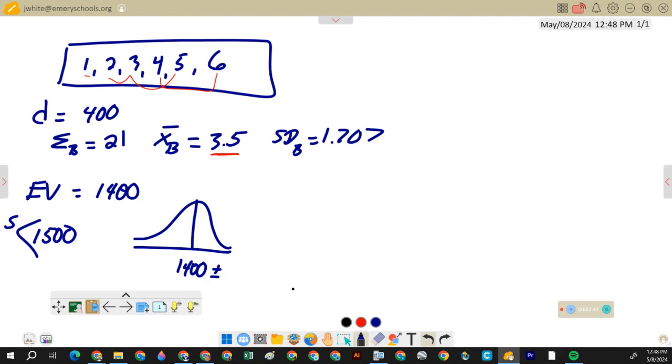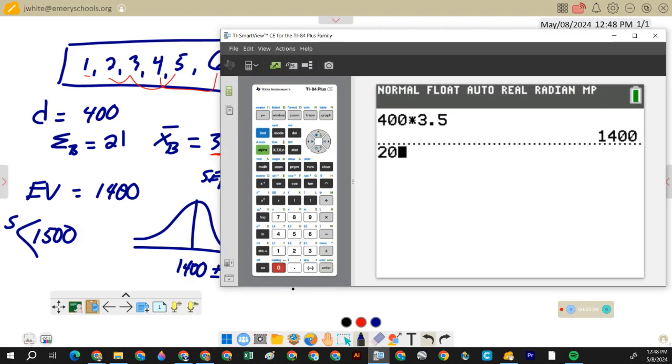I need a standard error. Which standard error am I going to use? SEN, the number, or sum. So the SEN is the SD of the box times the square root of D. So the square root of 400 is 20, times 1.707. So 20 times 1.707, and I get 34.